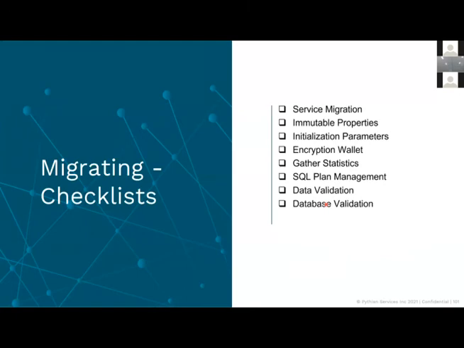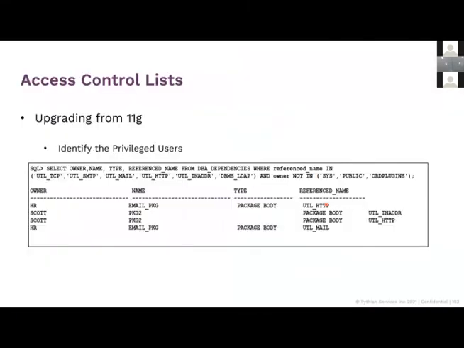Now the final pieces of the puzzle: once you've migrated, there are a few more things that you need. There are changes in behavior of your databases between versions, obviously. So you want to know what your privileged users are, what the packages are. One of the things, especially with Oracle, is that if you're upgrading from 11g, you want to identify who is using the email package, the UTL_MAIL package.